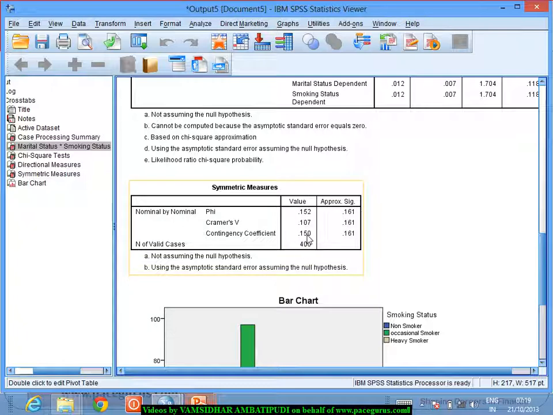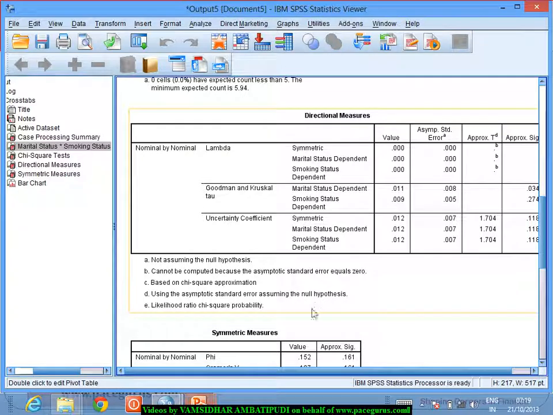Even if the values are small, large, whatever, it is not a statistically significant relationship at all. But if these values are less than 0.05, then even if the values here are like this only, I could have concluded that there is a weaker relation existing between the two variables. This is one thing I would like to see out of the symmetric measures.